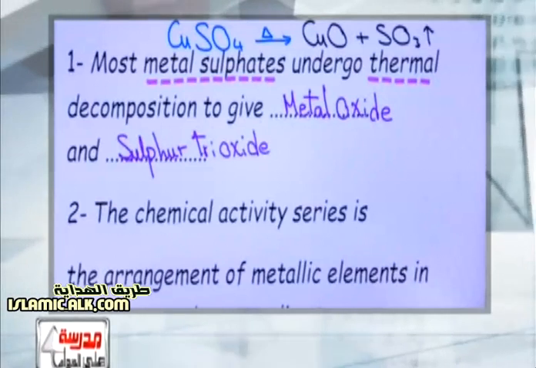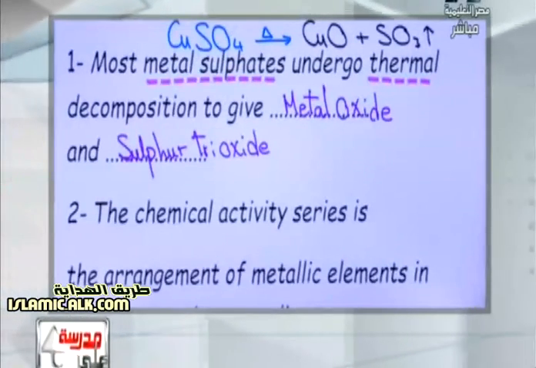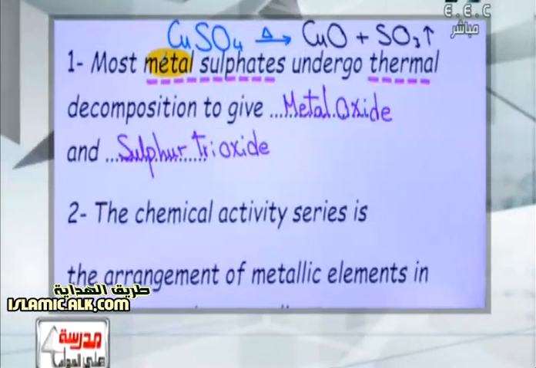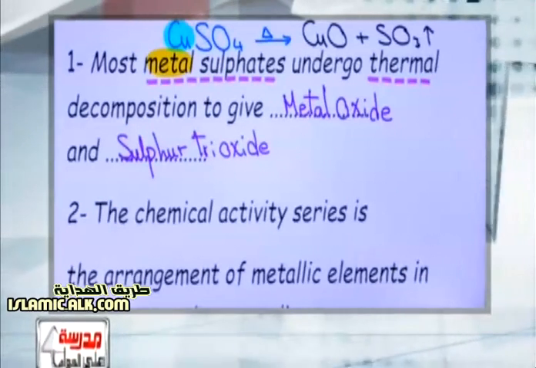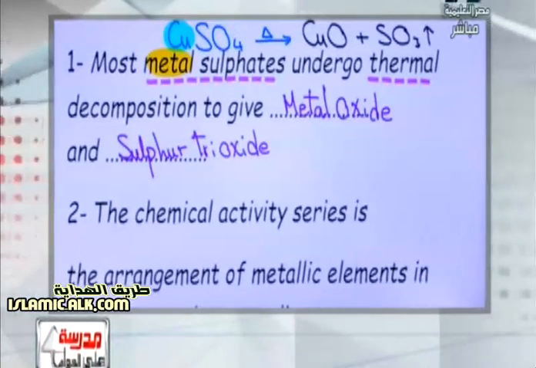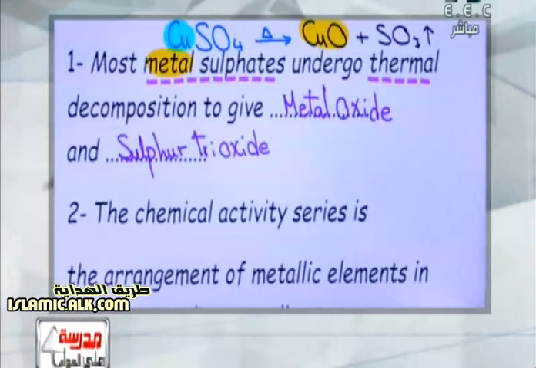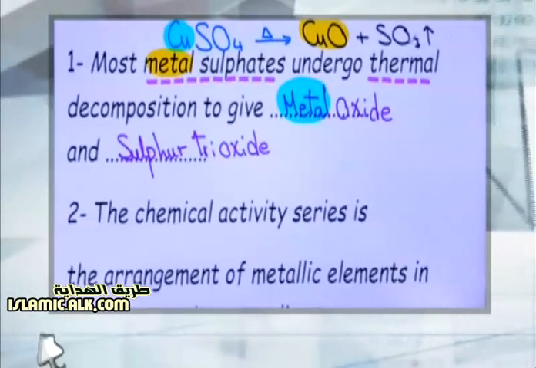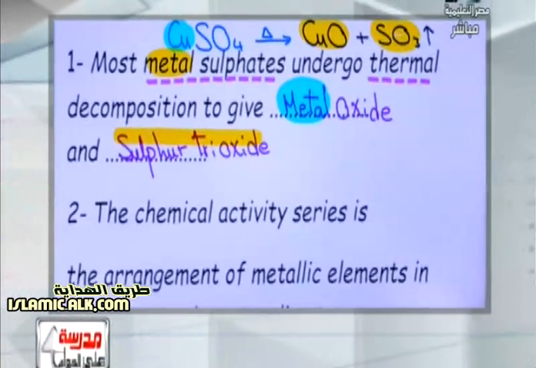Copper sulfate produces copper oxide, and we say here metal oxide and sulfur trioxide.